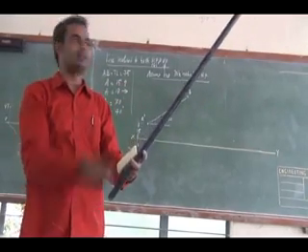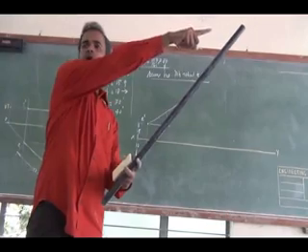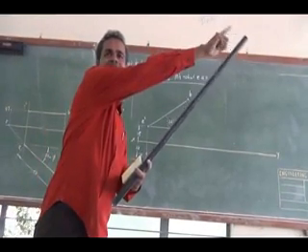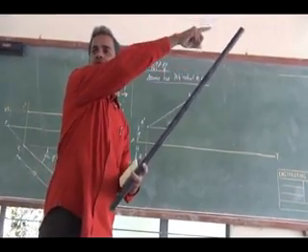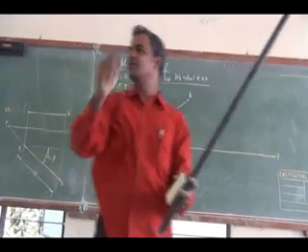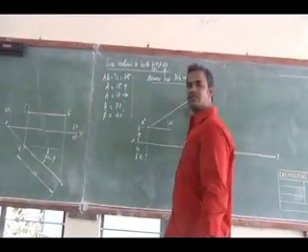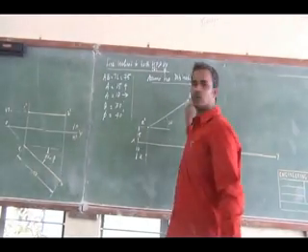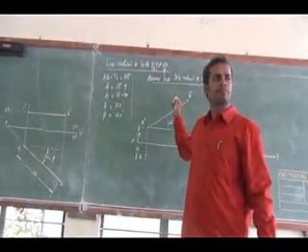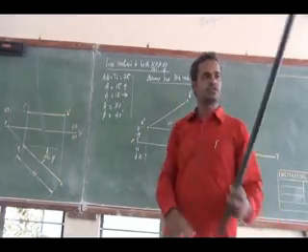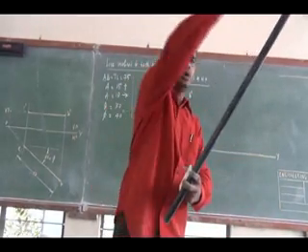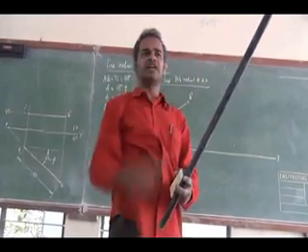This end is fixed, but this end is an assumed end, so it won't have the final projection notation. It is not B dash. Actually, B dash is here.